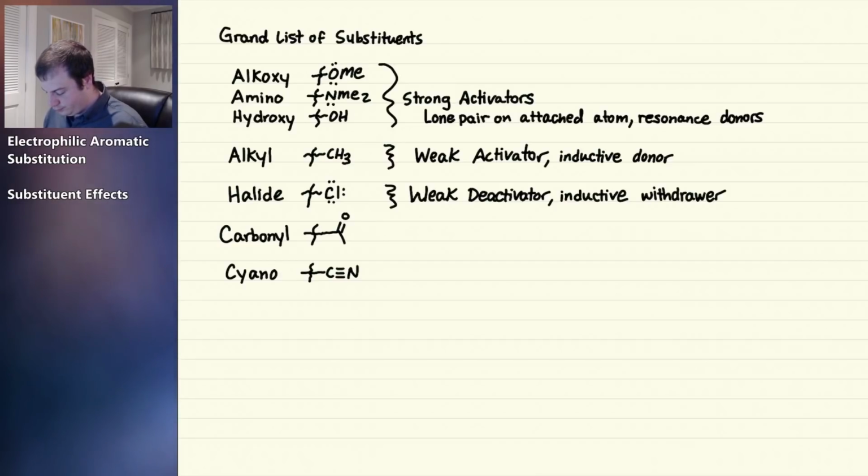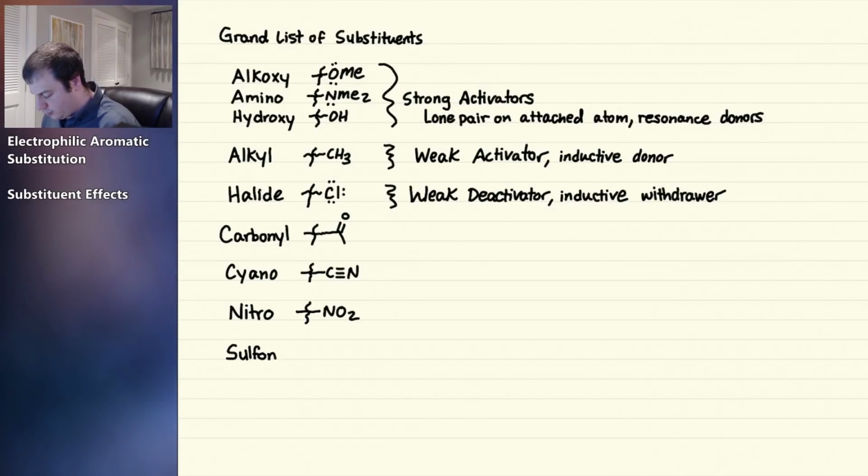Nitro. An NO2 group is a strong withdrawing group. And sulfonyl. That's the SO3H group. And these are all going to be strong resonance withdrawing groups. So these are going to be called strong deactivators.